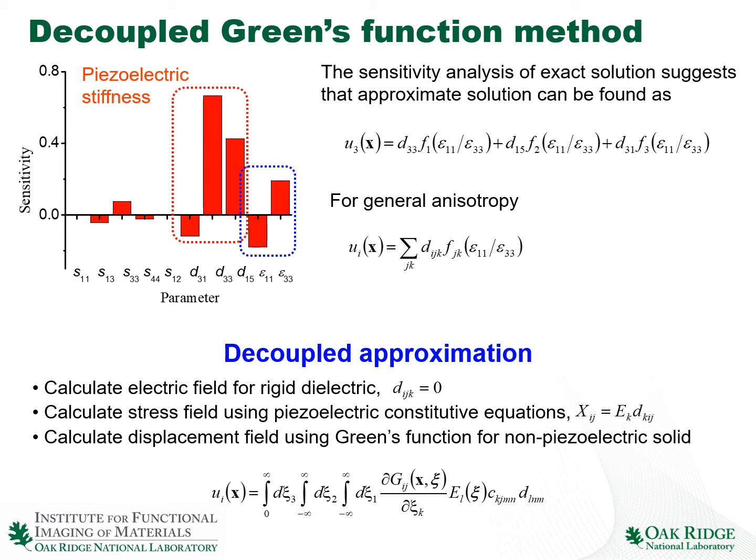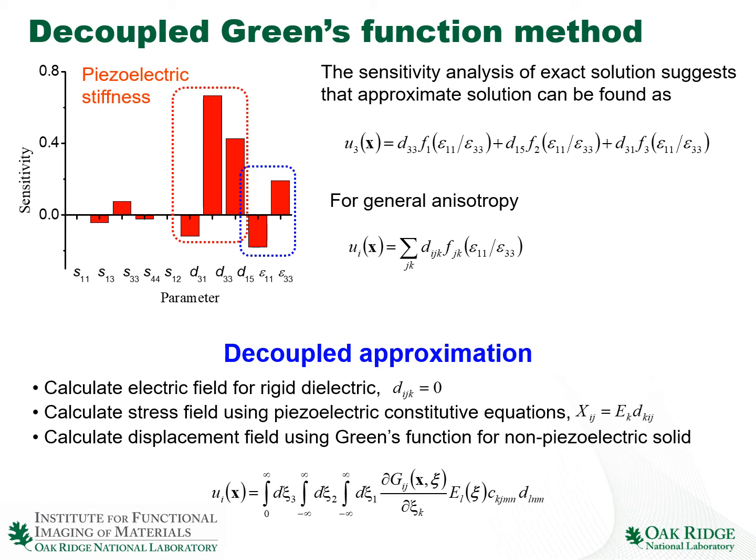The reason why we know that is because we can see it in the sensitivity analysis. It shows us that our piezoelectric stiffness is almost independent of the elastic properties of the material. It is strongly dependent on the piezoelectric constant, and it depends on the ratio of epsilon 11 and epsilon 33, simply because the logarithmic derivative is equal and has opposite sign.